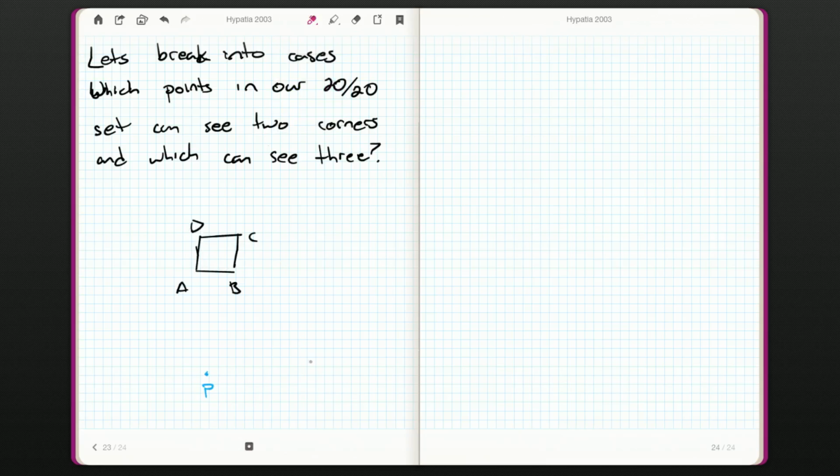Now we've already seen a point P down here, and we've seen another point Q out here. Q can see 3, and P can see 2. Now, for a second, try and think about ways that we can wiggle P around and still be able to see AB.